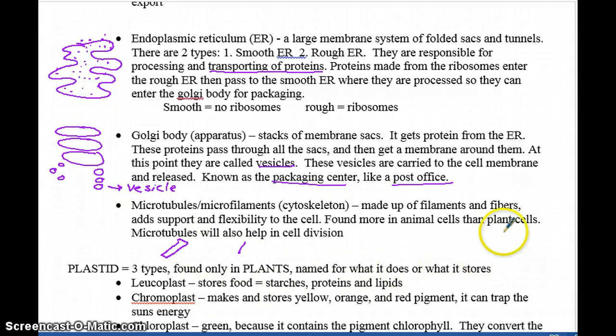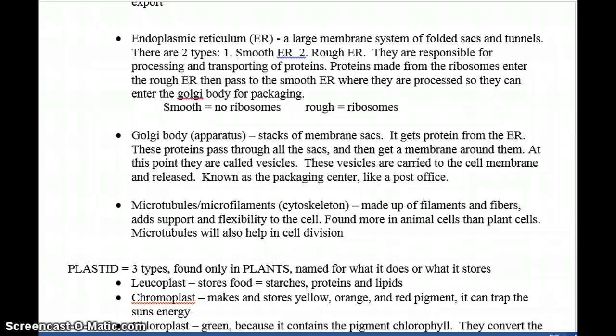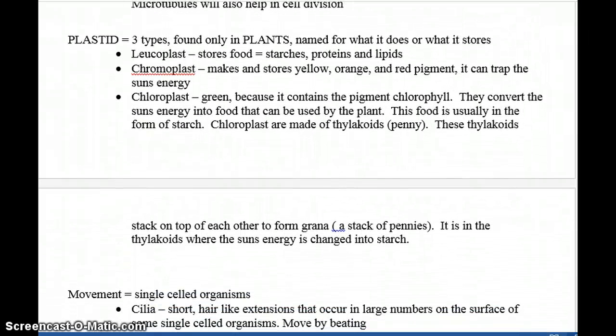Okay. Now we have the plastids. The plastids are found only in plants, just like the name implies. Plastid, plant. There are three types. There's the leucoplast that stores food, kind of like a refrigerator. The chromoplast, which stores color. Chromo means color.